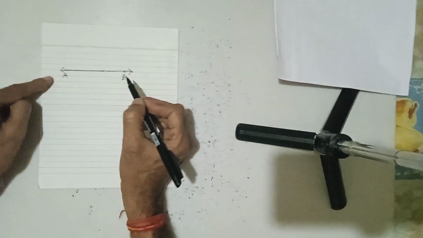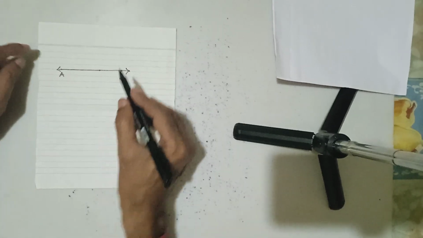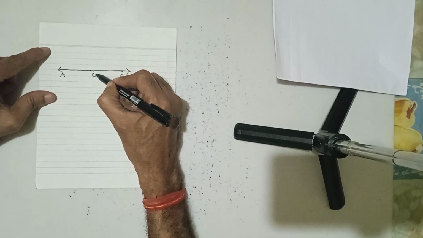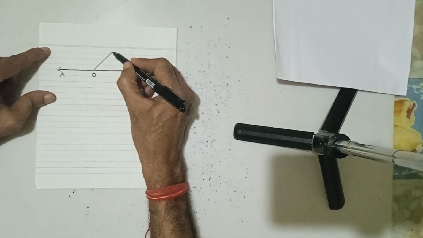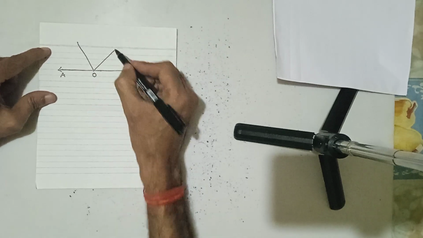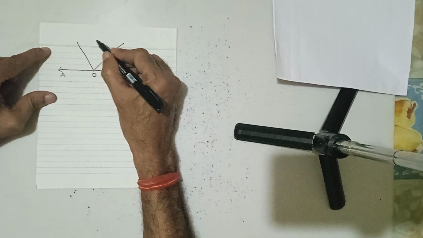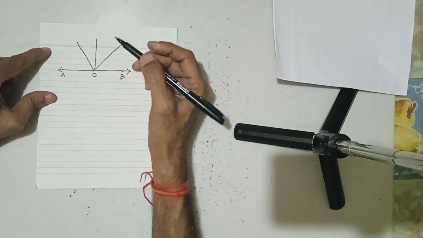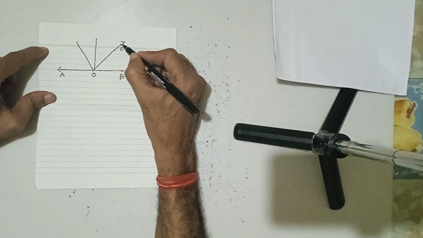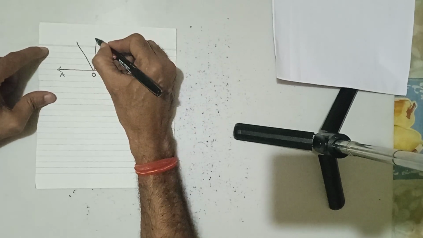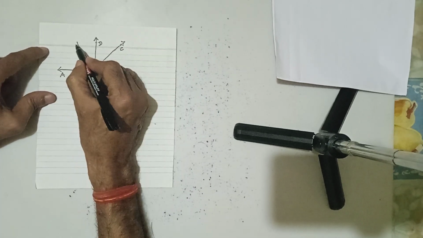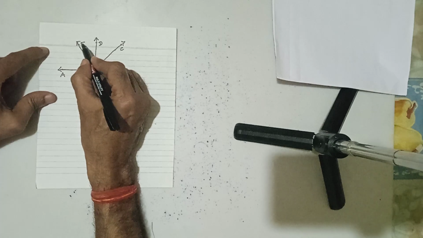AB is a line and there is a point O. Now from O there are two more arms, or let it be three more arms. So let us call them line OC, OD and OF.